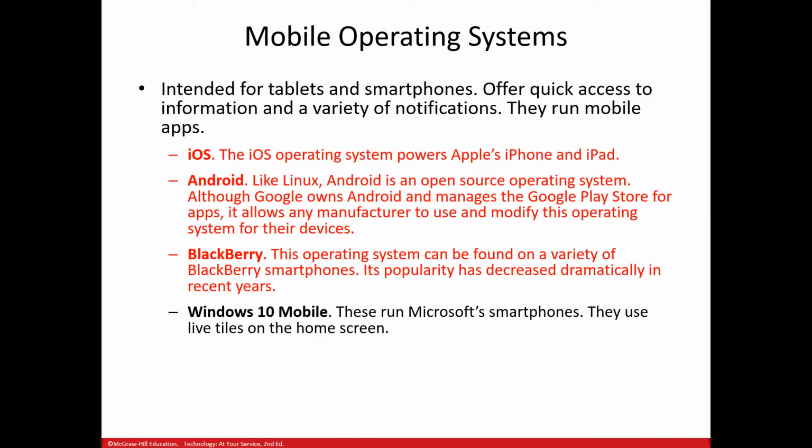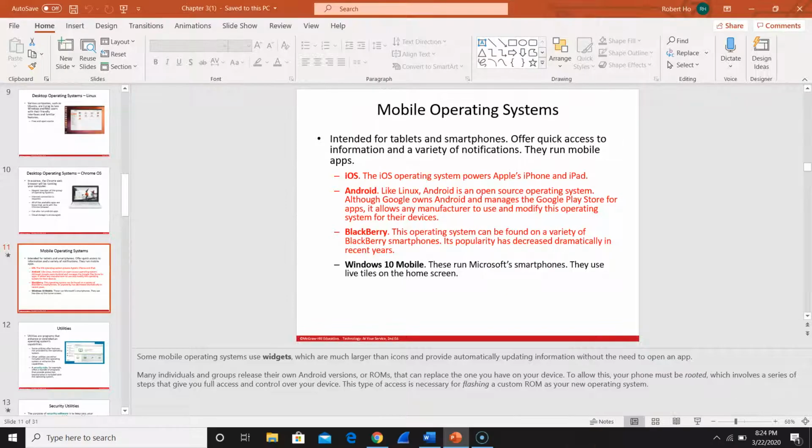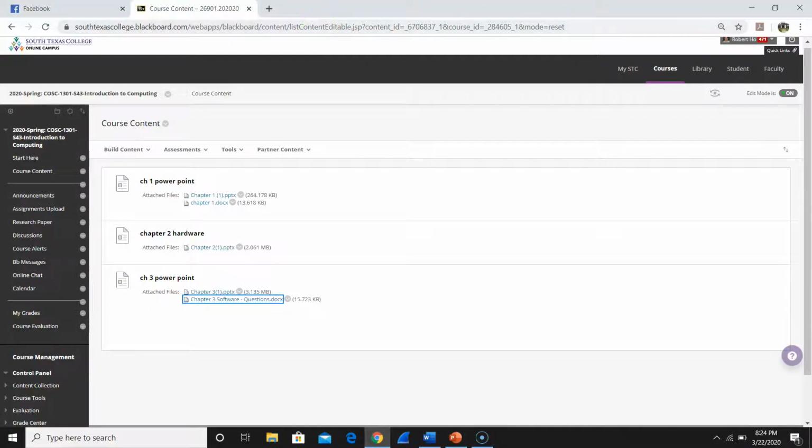The first type is called Apple iOS. The Apple iOS was created for the Apple iPhone. The latest one, I believe, is version 11.